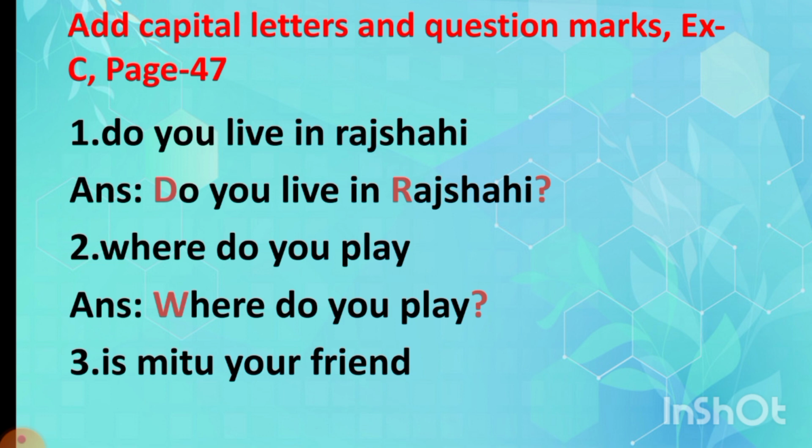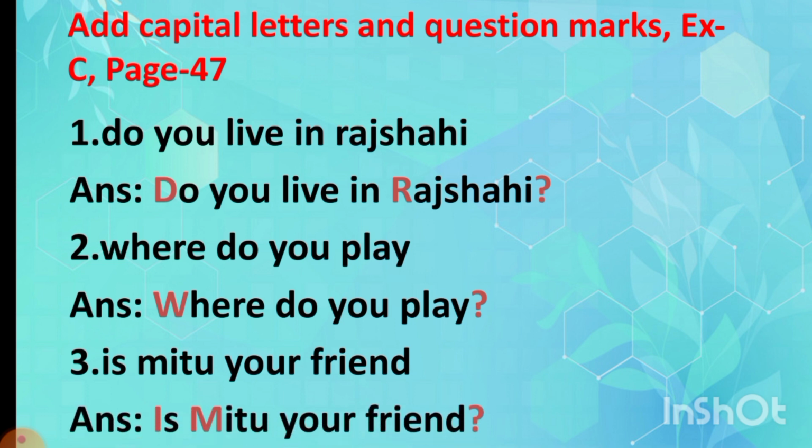Number 3, is Mitu your friend? Here, can you tell what will be the correct answer? Let's see. Is, I will be a capital letter, Mitu, M will be a capital letter, and at the end you have to put a question mark.